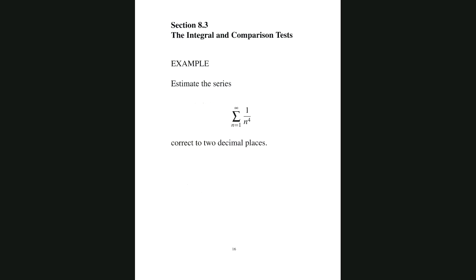The book has a nice example on the remainder estimate, but I want to do one of my own here. I want to estimate the series where n equals 1 to infinity of 1 over n to the 4th power. That's a p-series. I want to estimate that correct to 2 decimal places.